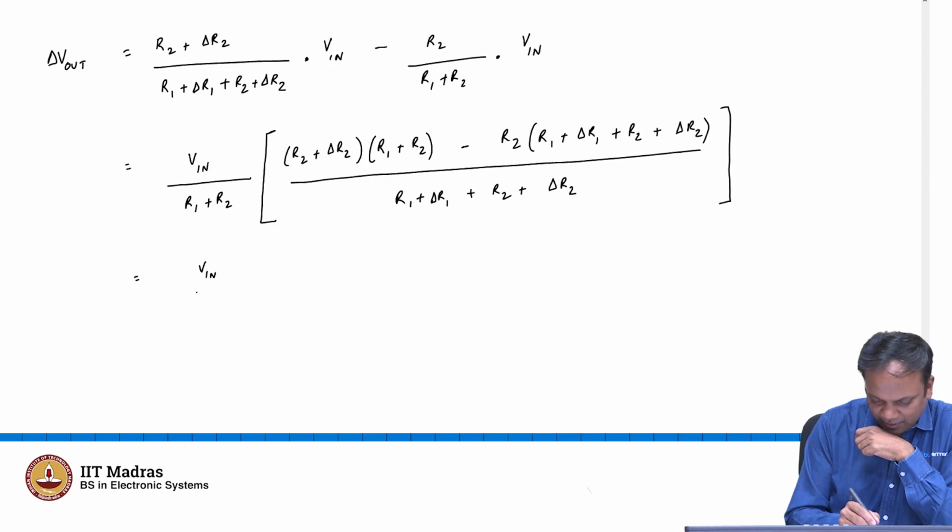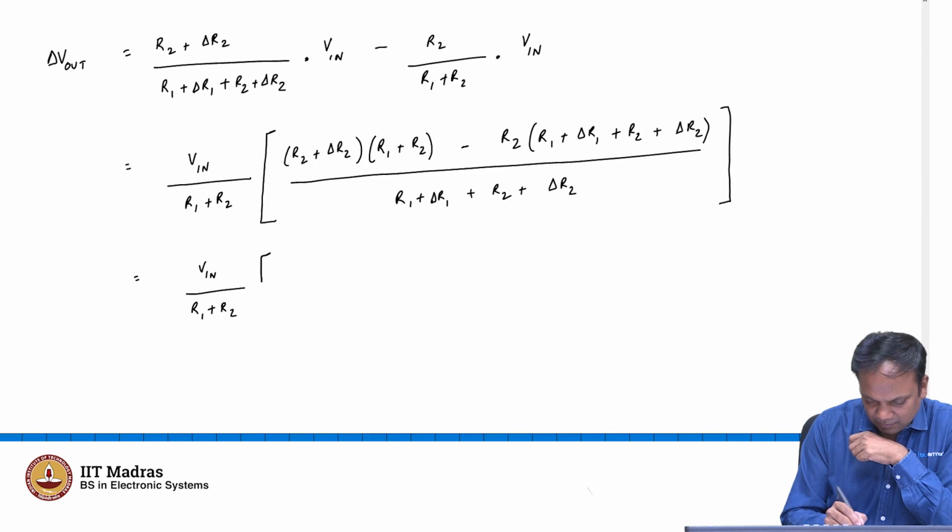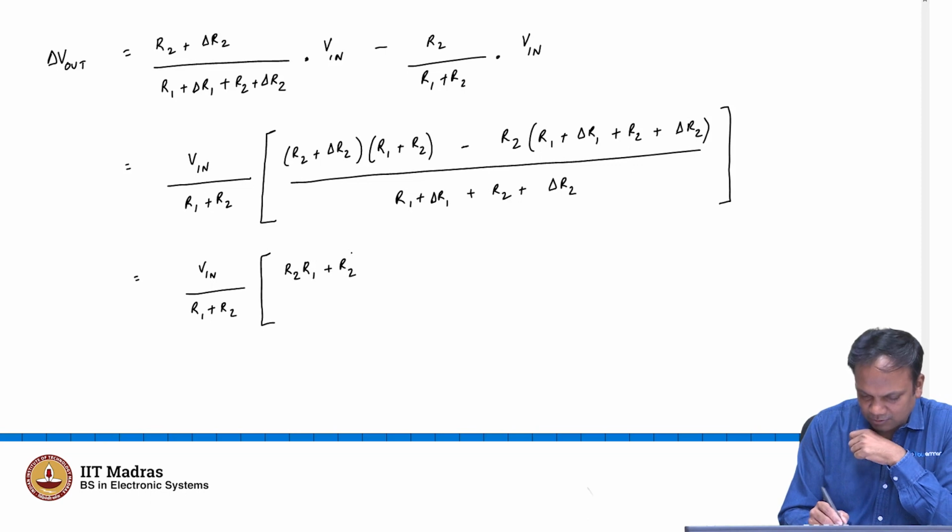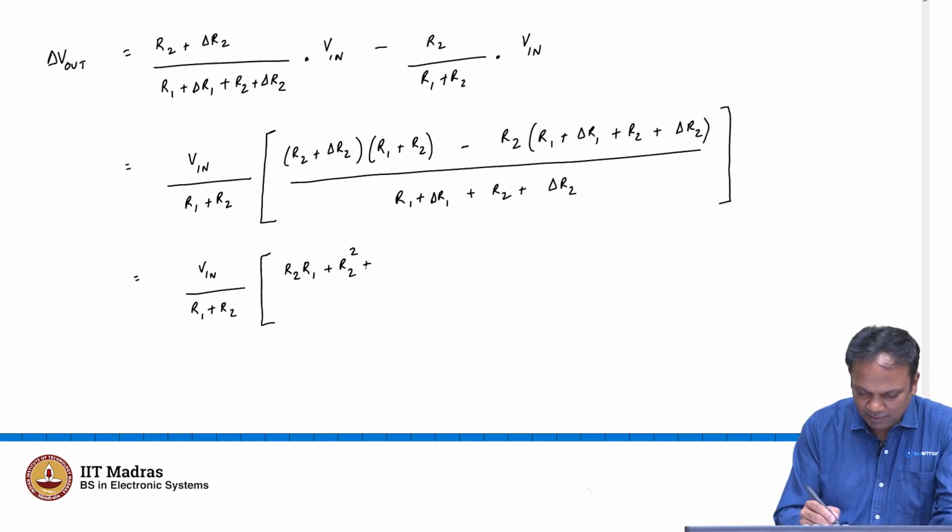You get V in by R1 plus R2 into R2 R1 plus R2 square plus R1 into delta R2 plus R2 into delta R2.